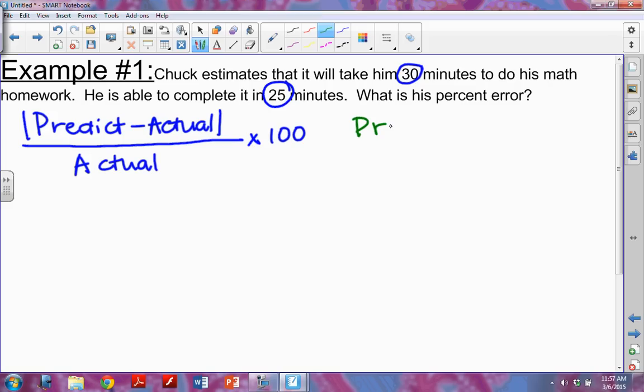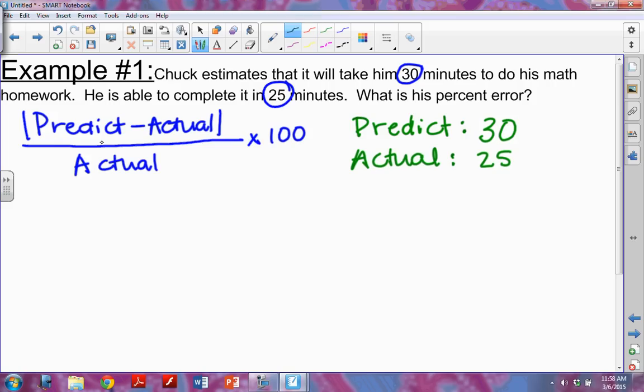I'm going to write predicted over here. Chuck thinks that it will take him 30 minutes, so that is his predicted amount. The actual amount of time that it takes him to do that is the 25 minutes. So now I know where I'm going to put everything in my equation.